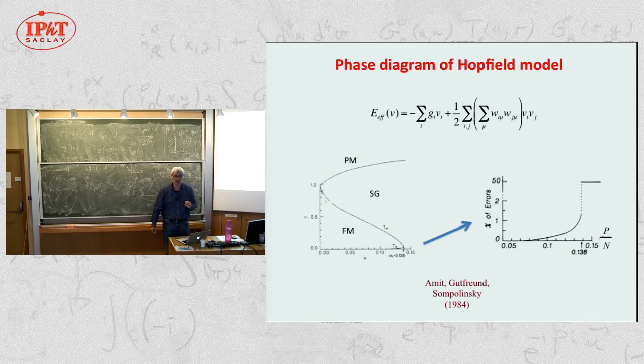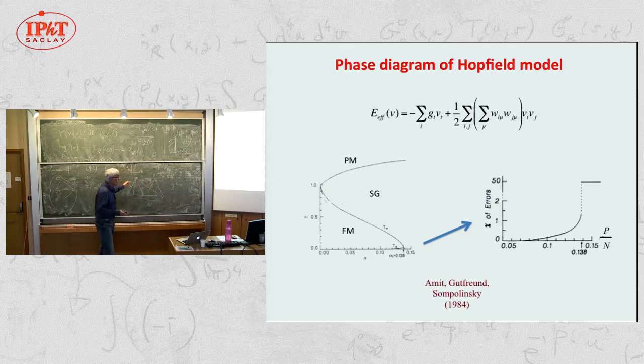That's called the critical capacity. So that means that above this critical capacity here, essentially there is no way; the fixed points of the dynamics, the local minima of the energy, have nothing to do with the patterns. And the reason is that there are so many W's in this sum here that there is a lot of interference and you cannot memorize anything.